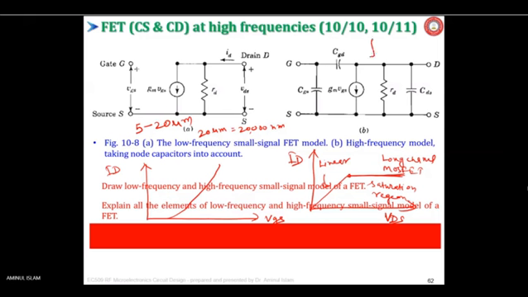Just now we have shown the N plus region, then silicon dioxide. This is your source, this is your drain. The length from here to here is the channel length through which current flows. Current in this direction, electrons in this direction. This length is called the channel length or gate length.